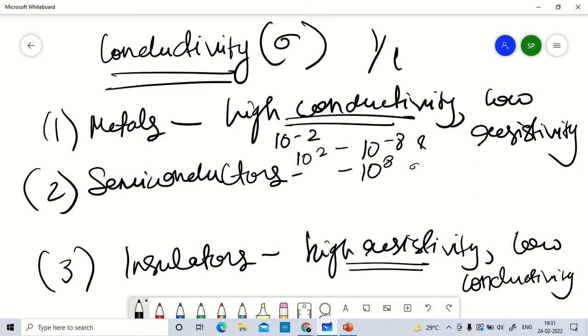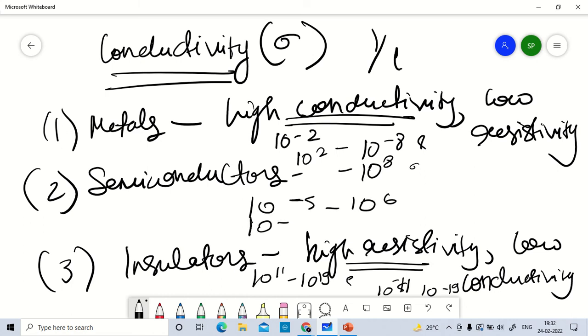Now for insulators, it will be 10 raised to power 11 to 10 raised to power 19 for resistivity, and 10 raised to power minus 11 to 10 raised to power minus 19 for conductivity. In semiconductors, it's in between: 10 raised to power minus 5 to 10 raised to power 6 for resistivity, and 10 raised to power 5 to 10 raised to power minus 6 for conductivity.